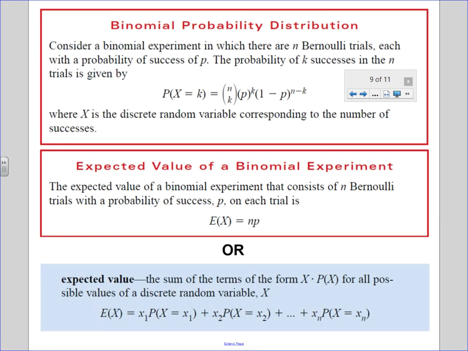So these are the general formulas for binomial distributions. You can see how this one here very much mirrors the one that I just showed you, but this is in general, for any scenario. The only difference here is that they use K instead of R. Okay, so take note of that. P is the probability of success.